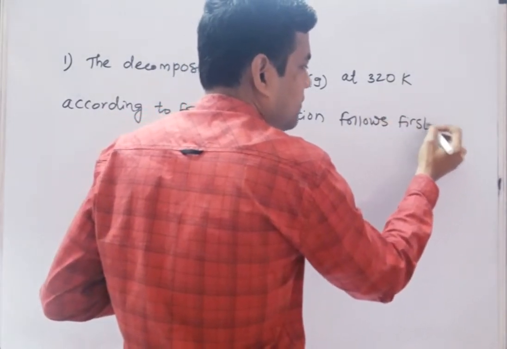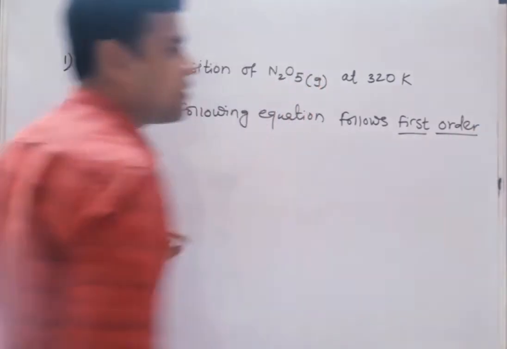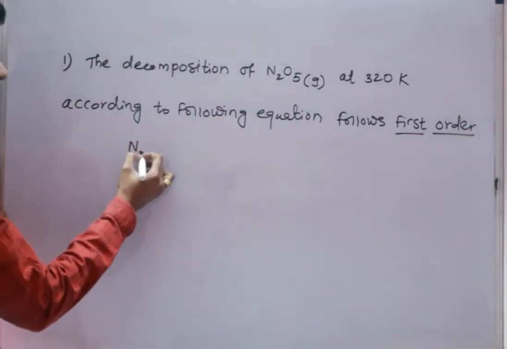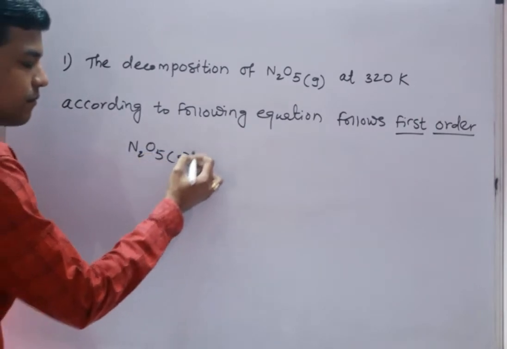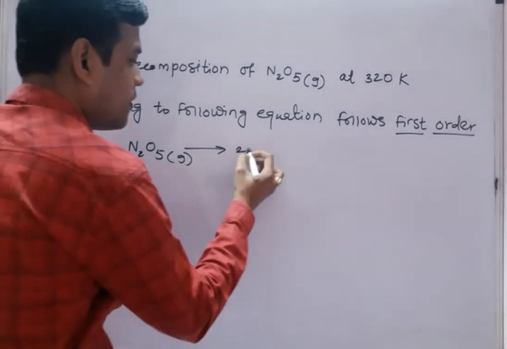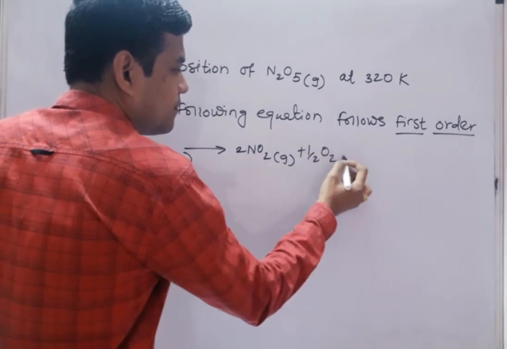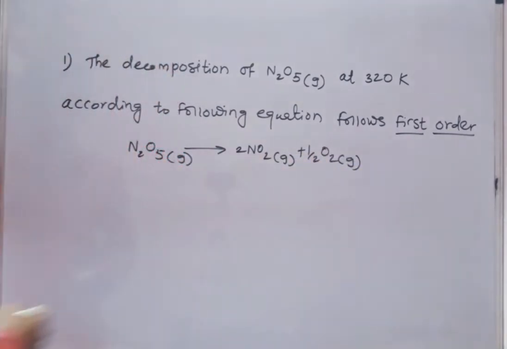Now see here, it is mentioned that this reaction is first order. It gives 2 NO2 gas plus half O2 gas. This is the first order reaction given.